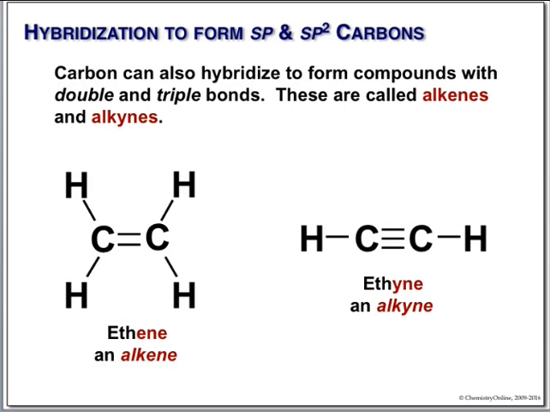We'll also look at a couple more functional groups. Remember we said an alkane only had sp3 carbons. An alkene, with a double bond, is going to have 2 sp2 carbons, at least. An alkyne will have 2 sp carbons.